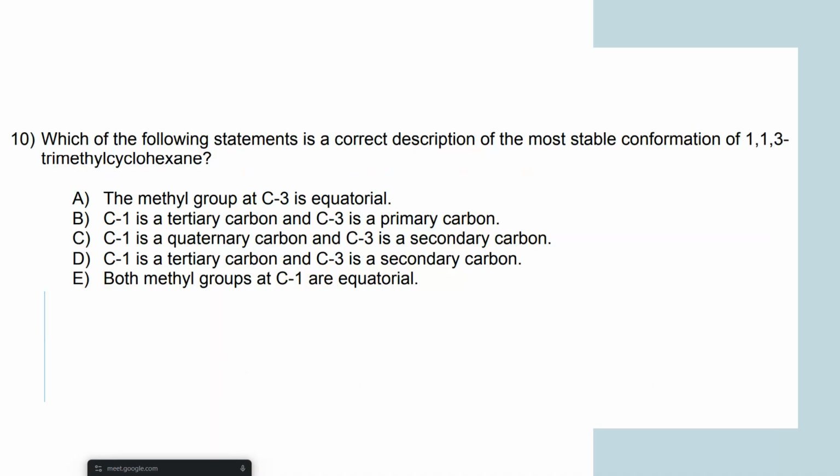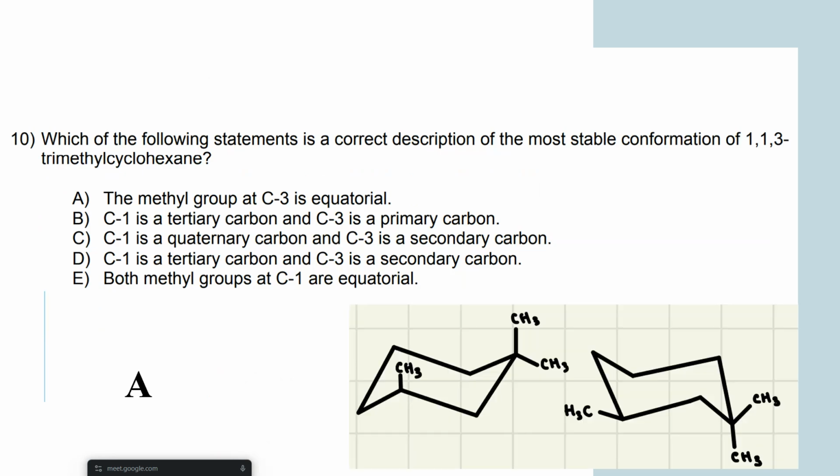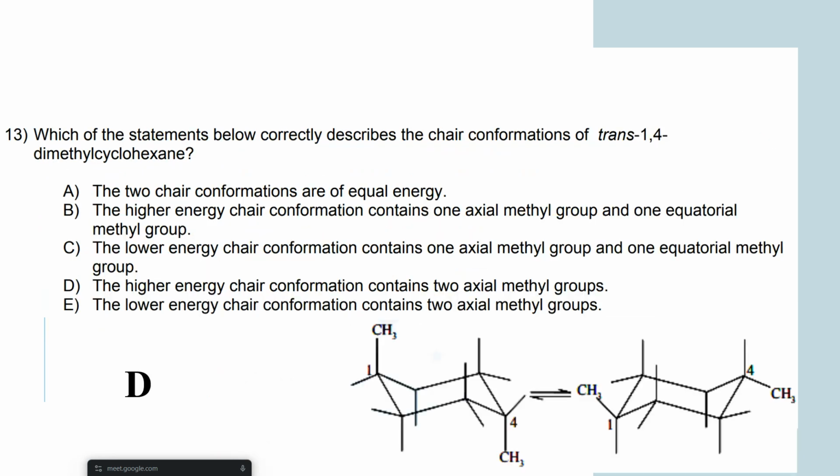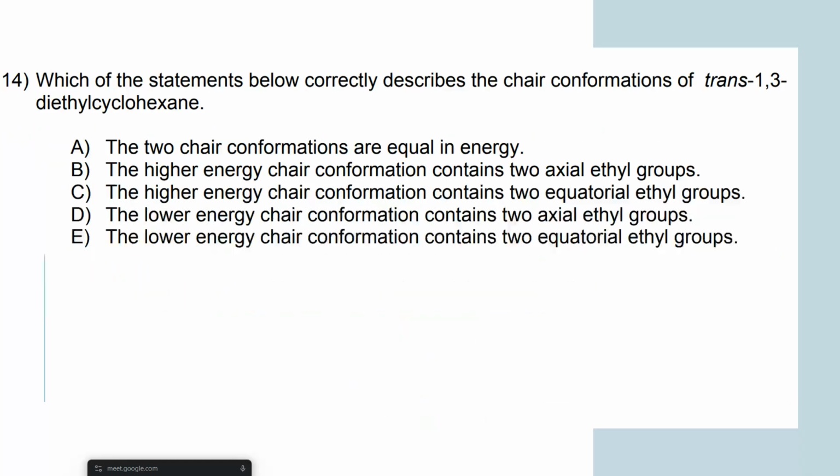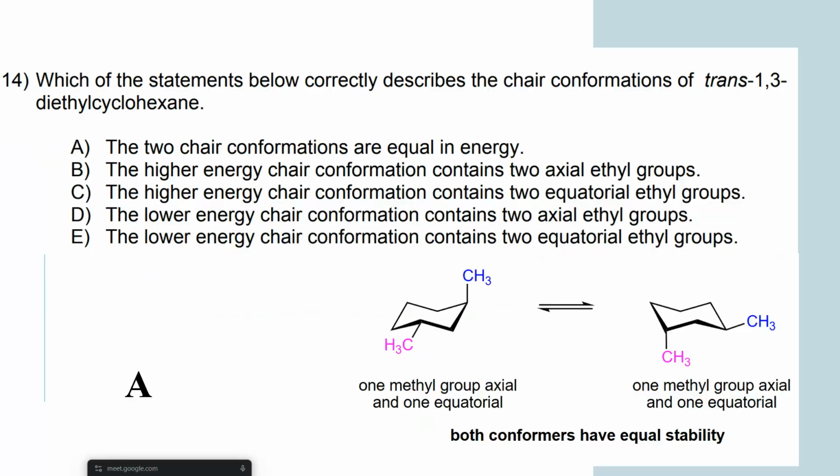Next, we talked about the most stable conformation of 1,1,3-trimethylcyclohexane. We had also talked about the most stable conformation of trans-1,4-dimethylcyclohexane, as well as trans-1,3-diethylcyclohexane.